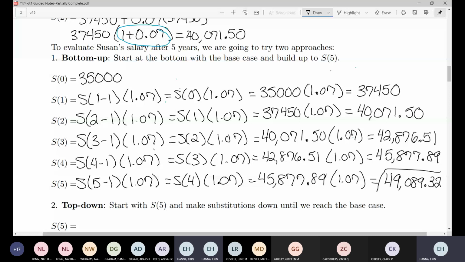So we finally now know that she's been working there for 5 years. After 5 years, she will make $49,089.32. I'll pause for a second. I know I wrote some of those down really quickly, but they're the same pattern. So hopefully after a little while it started to click, but let me know if there are questions, of course.